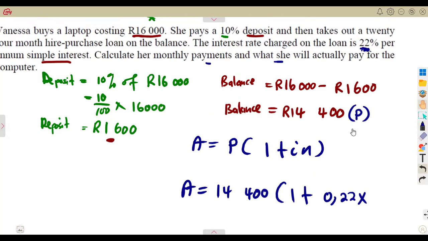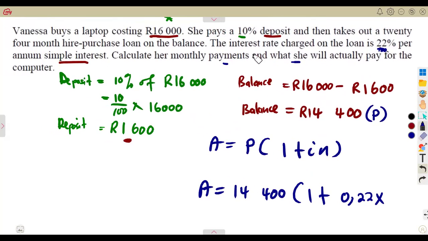Take note, these repayments are over 24 months. We are given the number of months, not the years.